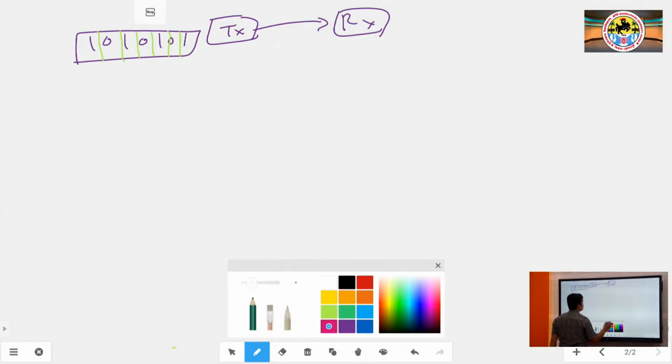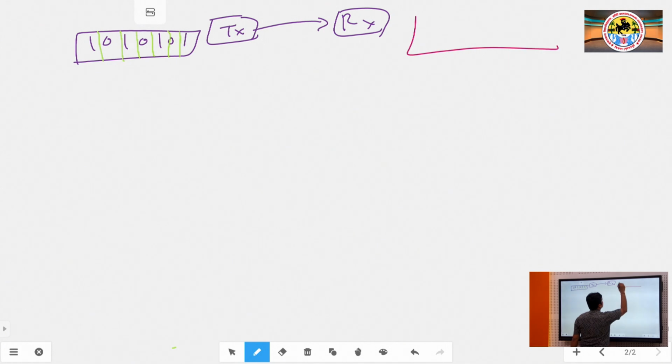Let us take an example that at the receiver end the data would be 1 0 1 1 1 0 1.